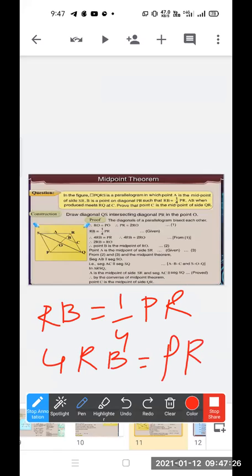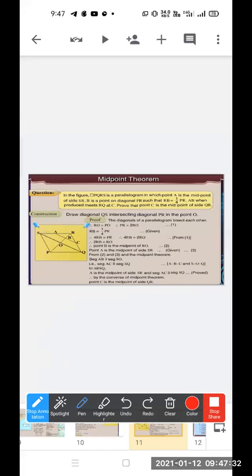Since PR is equal to twice of RO, therefore 4 RB is equal to twice of RO.